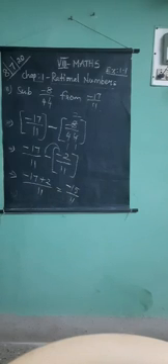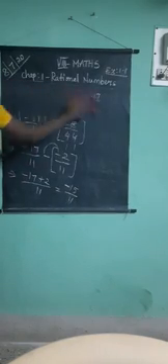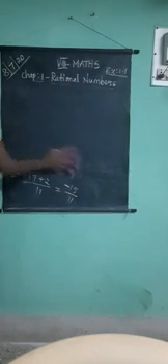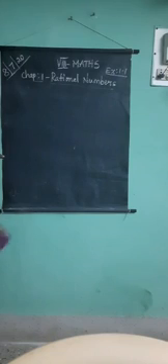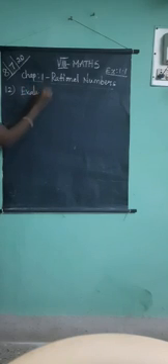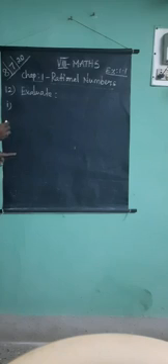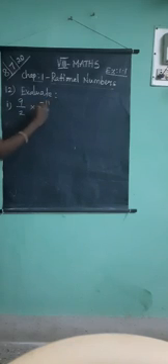11th problem done. Now the 12th problem. Evaluate. The first sum is 9 by 2 into minus 11 by 3.